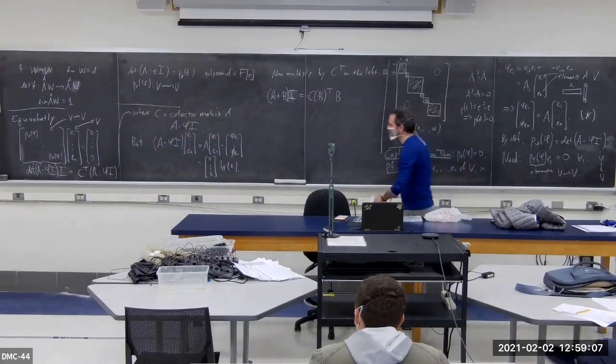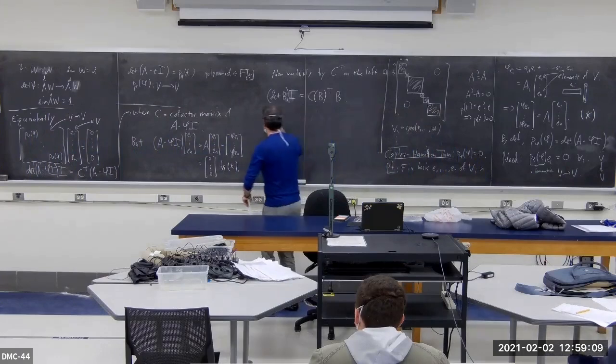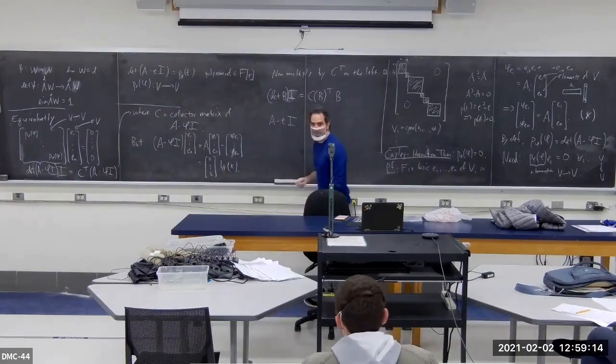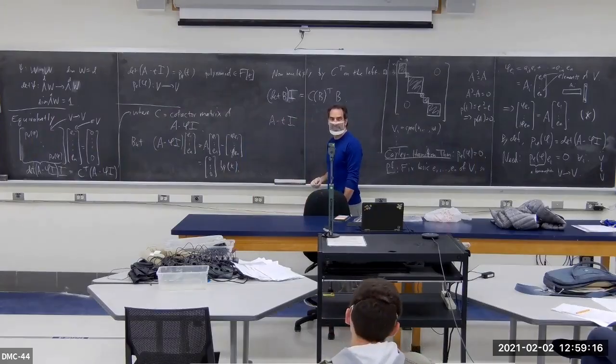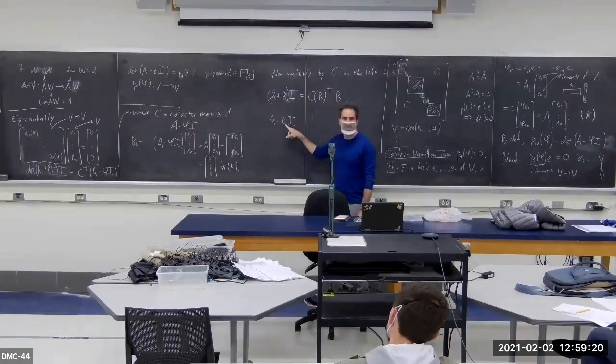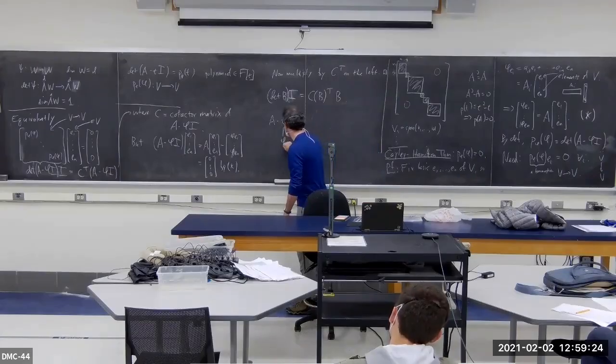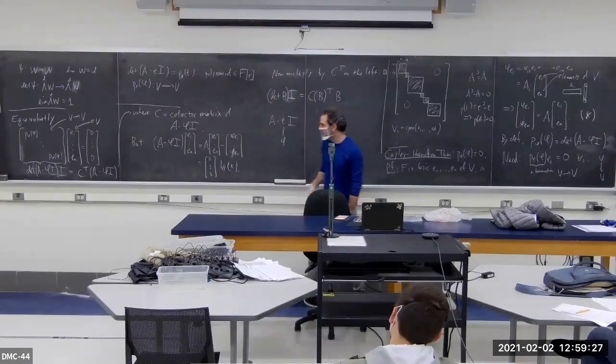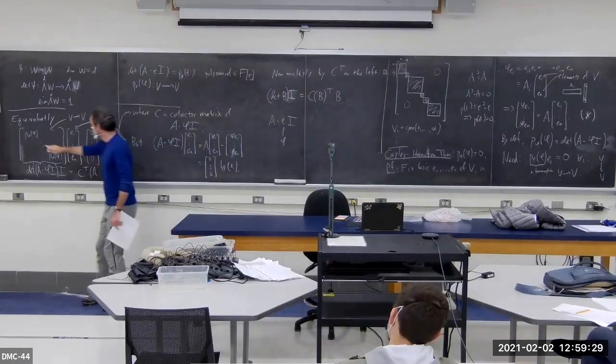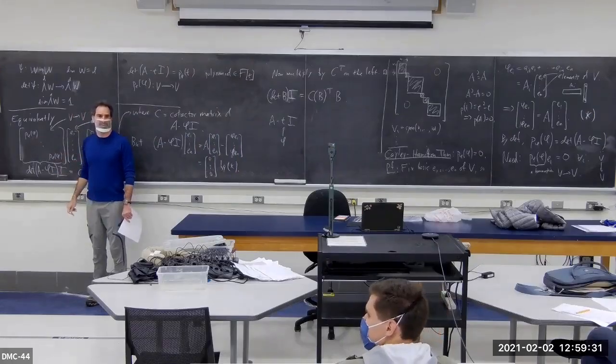So what is A minus phi? Again, A minus tI, we have no problem with this. This is a matrix whose entries are polynomials. Then all I'm saying is replace t with phi. Now what you have is a matrix whose entries are linear transformations.